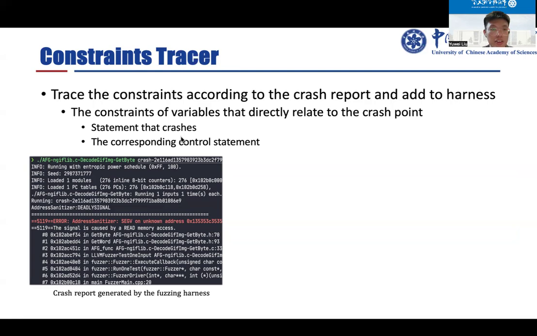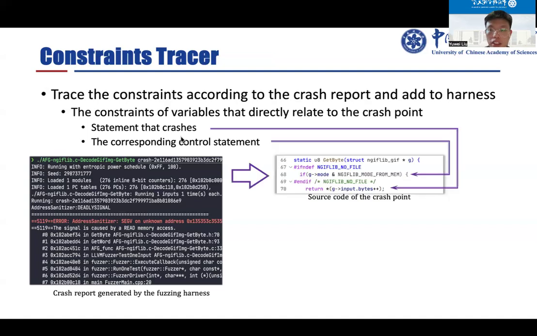So, we trace the constraints according to a crash report and add them back to the harness. To make the tracer more efficient, AFGEN only traces the constraints of variables directly related to the crash point, which are the variables in the statement where the crash occurs and the variables in the control statement.